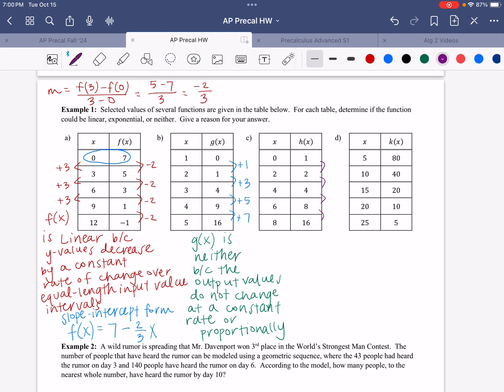But if I look for multiplication, it looks like we're multiplying by 2, by 2, by 2, and by 2, which is great. If it has a constant multiplication rate, that means that these values are changing proportionally. So this is an exponential function.